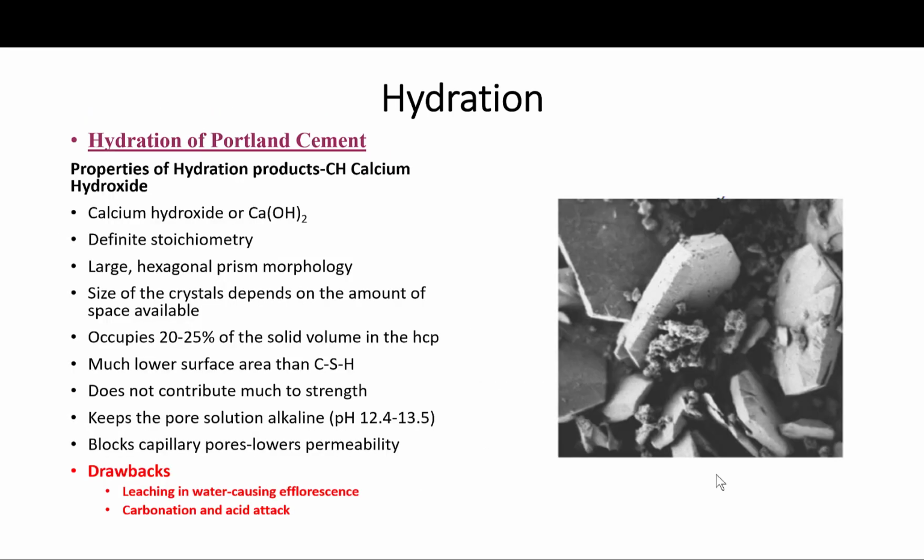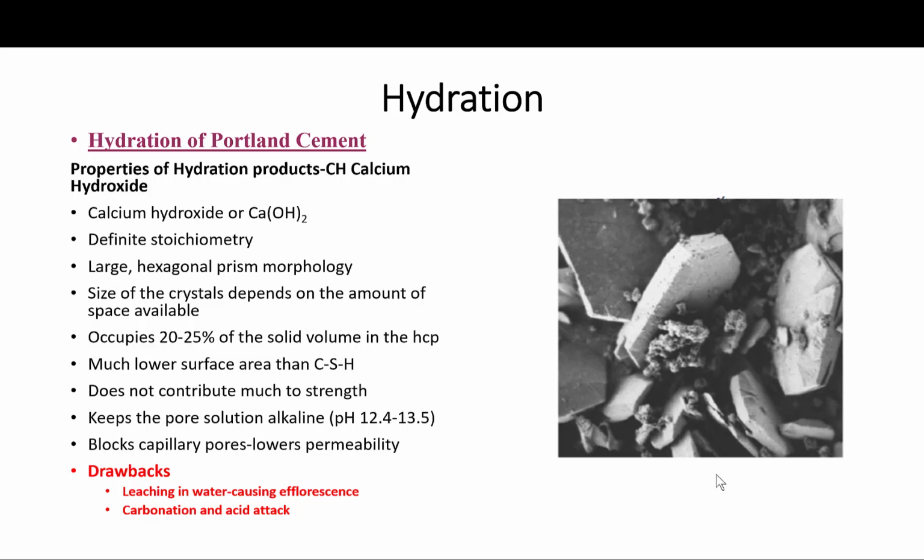Okay, the second product of interest is calcium hydroxide. Calcium hydroxide crystals are also called portlandite. That's the mineral name. It constitutes 20 to 25% of the volume of solids in the hydrated paste.